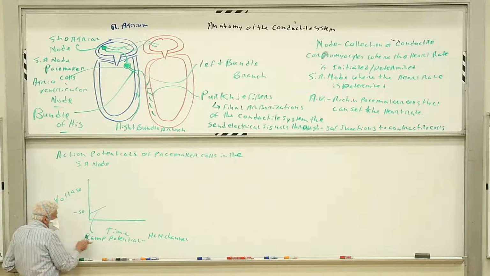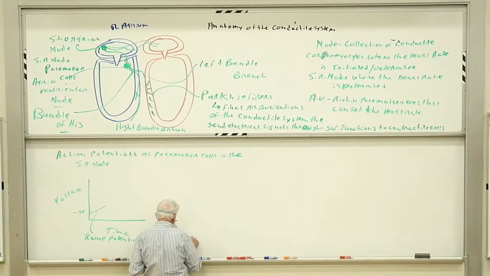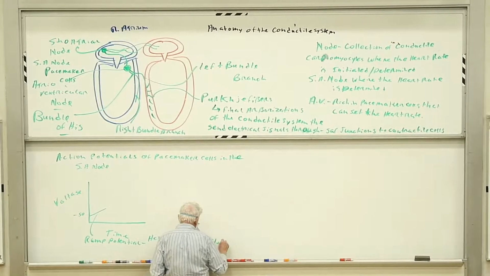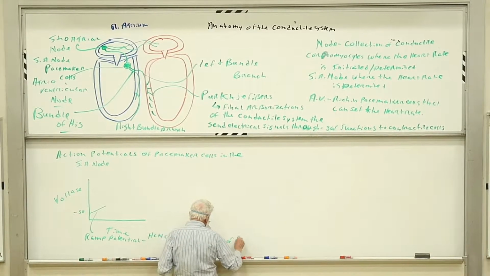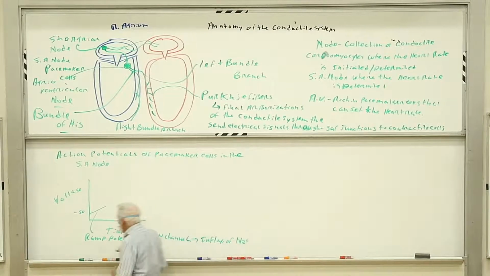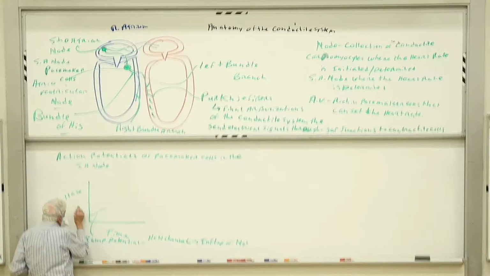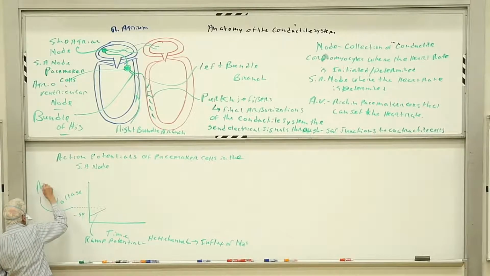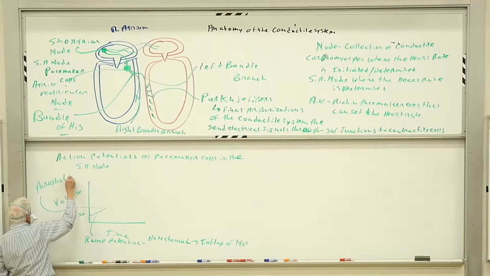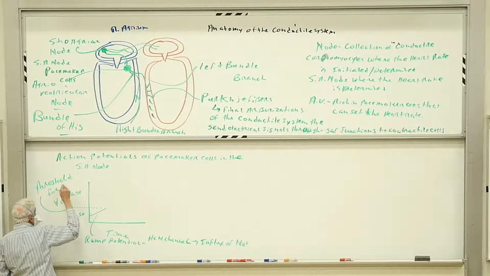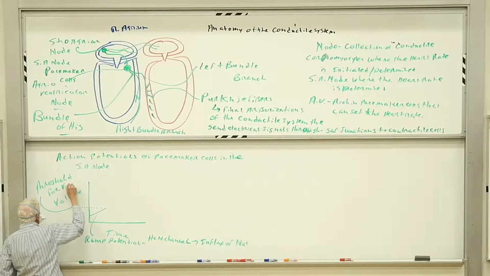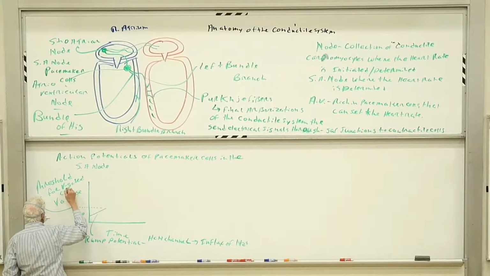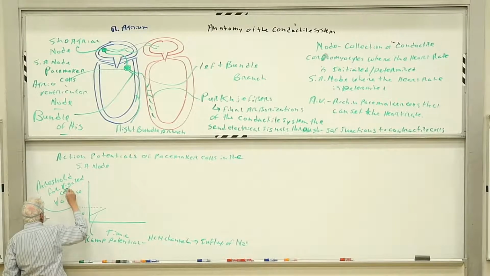But this ramp potential from the HCN channel permits the influx of sodium. And that influx of sodium depolarizes the membrane potential until we reach threshold for opening voltage-gated calcium channels.